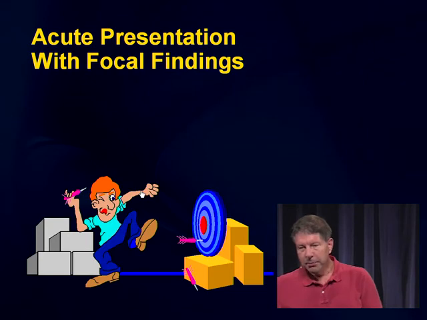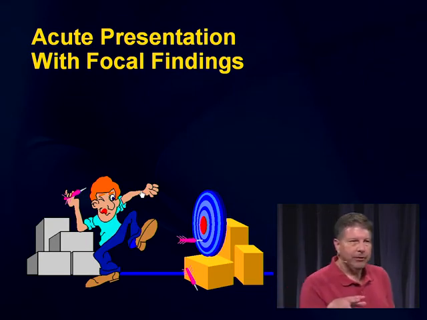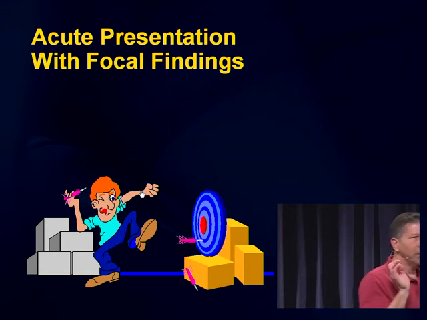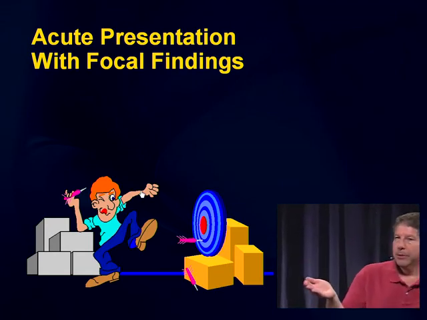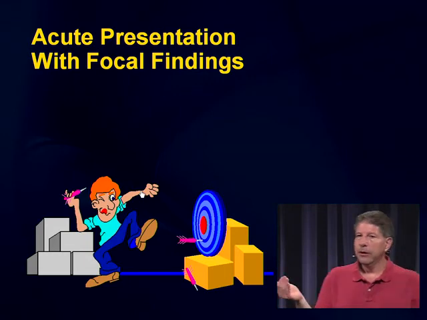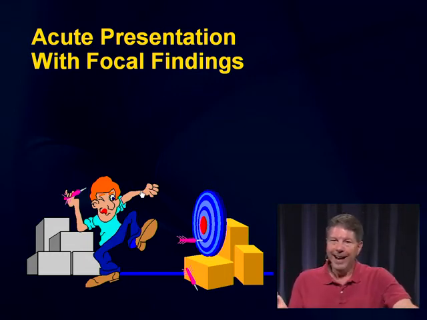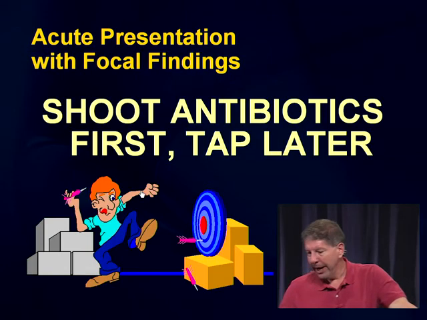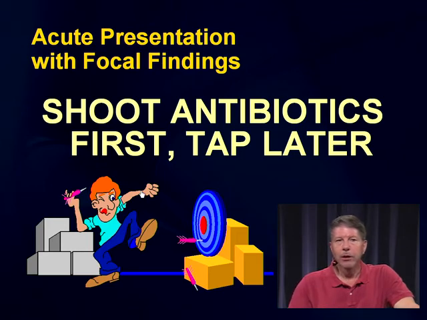Now, here's the problem: if they give you somebody who has the acute presentation, so they've had symptoms for a couple hours, but you see papilledema, or a cranial nerve palsy, or they have weakness on one side, in that patient you're worried that they may have increased pressure. So what you want to do is give them antibiotics right away, then do the scan when you can, and tap them later.